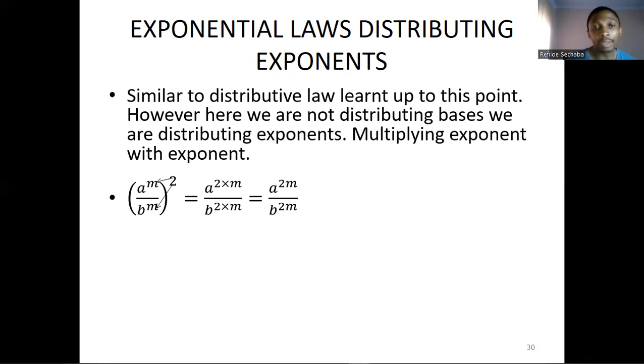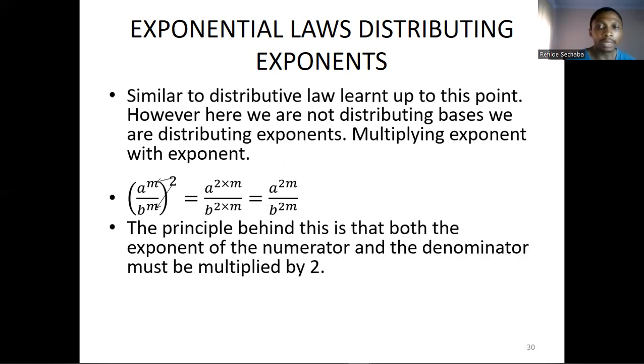And I ended up having a to the exponent of 2m divided by b to the exponent of 2m. The principle behind this is that both the exponents of the numerator and the denominator must be multiplied by 2, because both of them are raised to the exponent of 2, which means we're multiplying them twice. So instead of multiplying them twice and then adding the exponents, you rather just distribute the outside exponents.